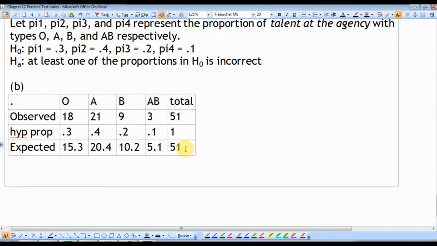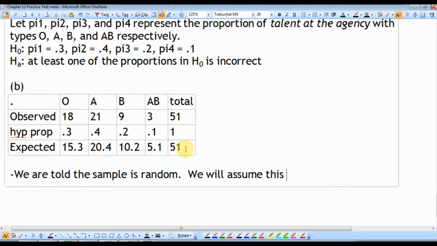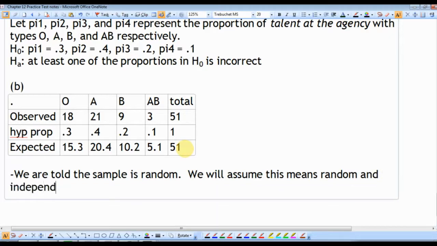Next, show the conditions from part A are satisfied. Okay, so we are told the sample is random. We will assume this means random and independent.